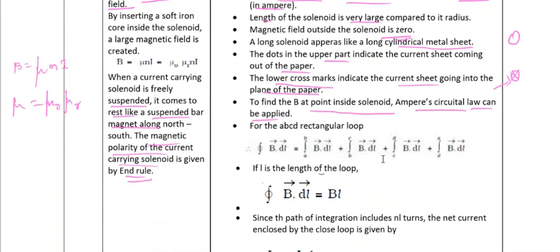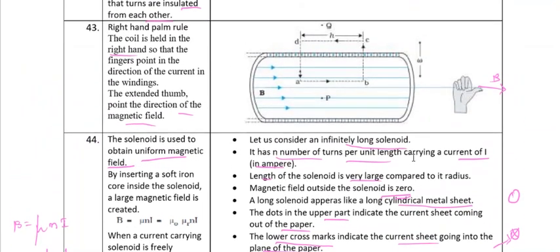Now for the rectangular loop ABCD, the integral over the cycle of B vector dot dl is equal to the integral between the limits A and B of B vector dot dl plus B to C, because we have to consider a rectangular loop.